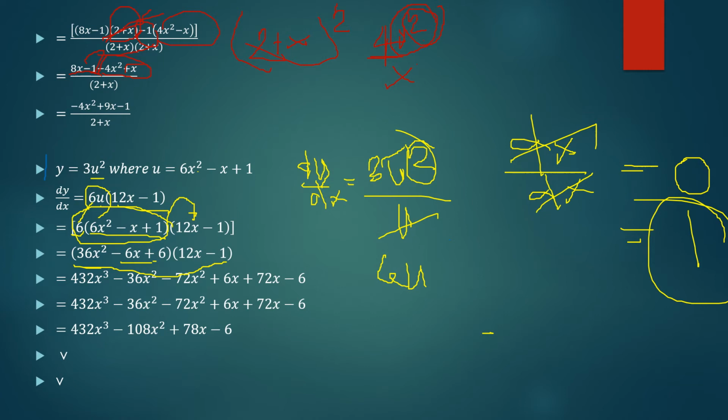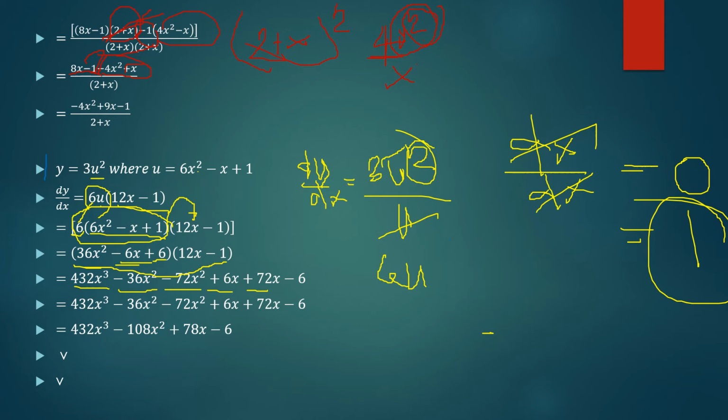And then by multiplying this one, we have 36 times 12 is 432x cubed. 36 times 1 is the negative 36x squared. Negative 6x times the 12x is the negative 72x squared. Negative x times 1 is positive because both of them are negative, negative to negative will become positive. And then next, the last one, the absolute value multiplied into 12x is the 72x positive here.